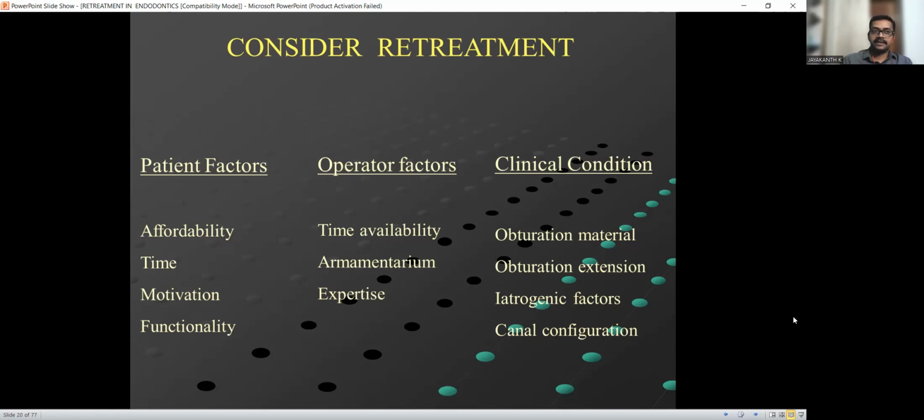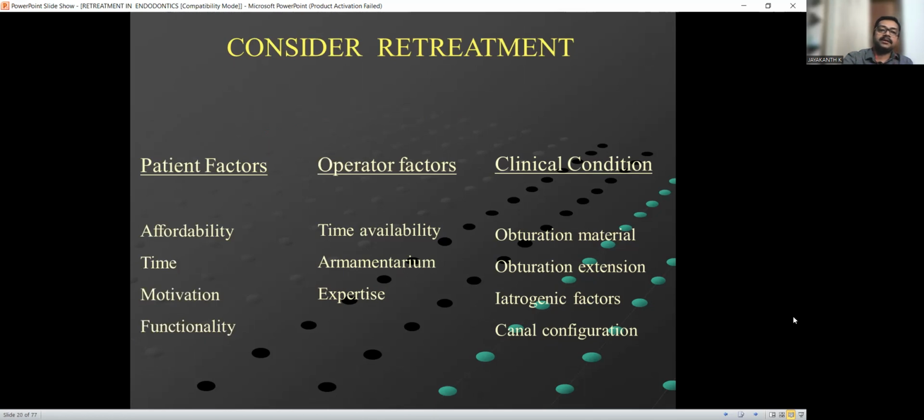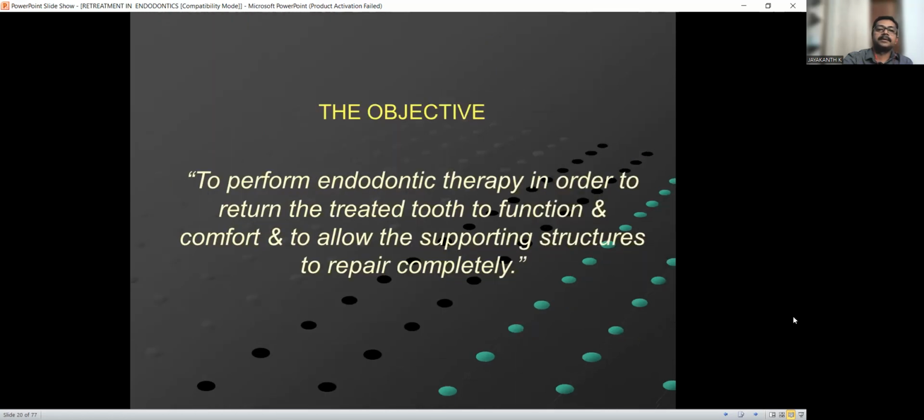Then iatrogenic factors: if there are any irreparable iatrogenic factors, that should also be understood. Then canal configuration: if it is a very difficult canal configuration, your case may not be a success if you go for the retreatment. So all these factors have to be taken into consideration: patient factors, operator factors, clinical condition.